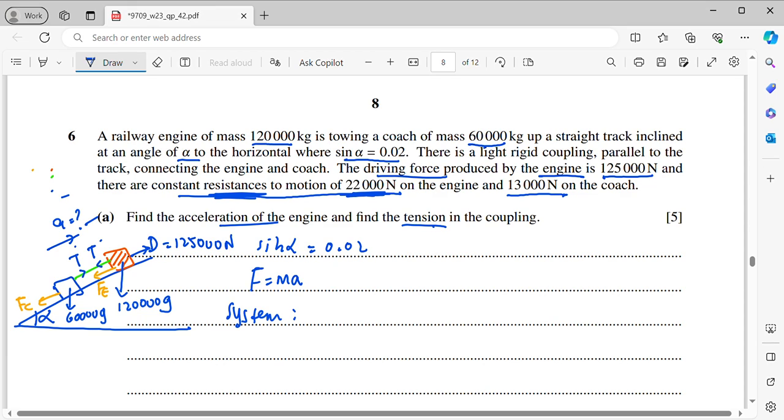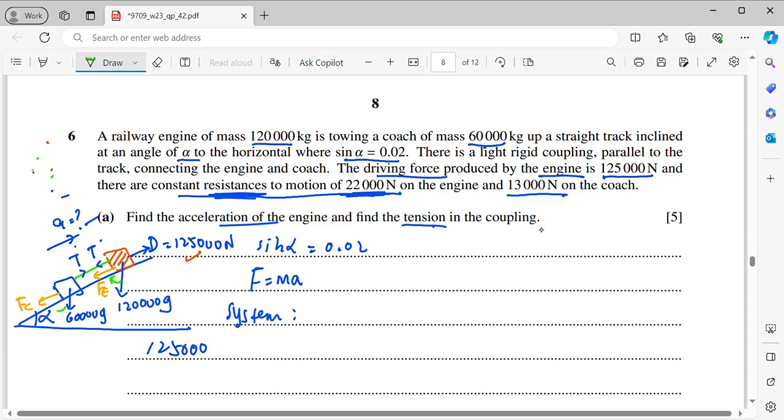So first of all, I will have going up 125,000, that is the force. Then I have to minus resolving this weight.